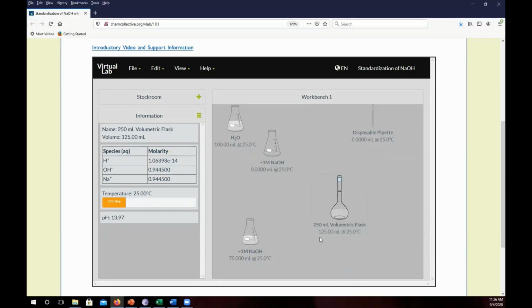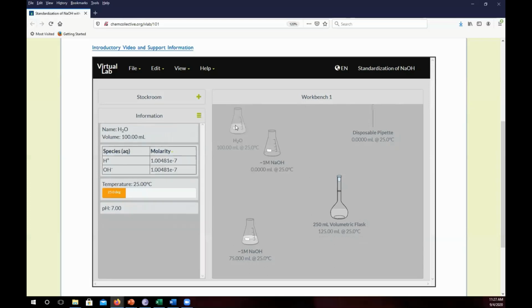The flask now contains exactly 125 milliliters of approximate 1 molar solution of sodium hydroxide. When I dilute this, I will need approximately 125 milliliters of water to bring it up to the final volume of 250 milliliters.